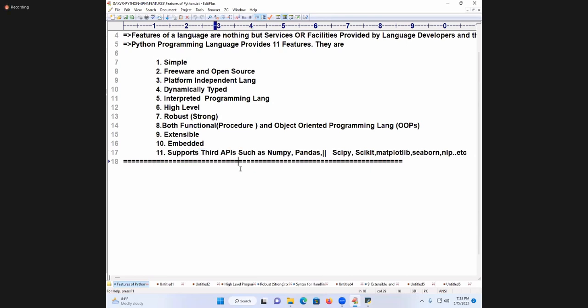So if somebody asks after the class, what is Python? You have to say Python is one of the simple, freeware, open source, platform independent, dynamically typed, high level, robust, functional, object oriented, extensible, embedded, third party API supporting programming language.